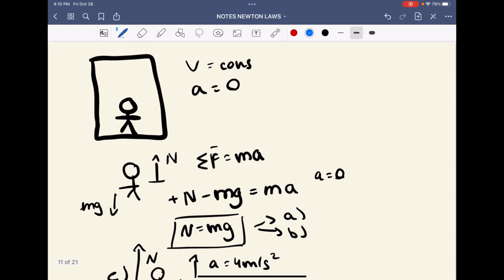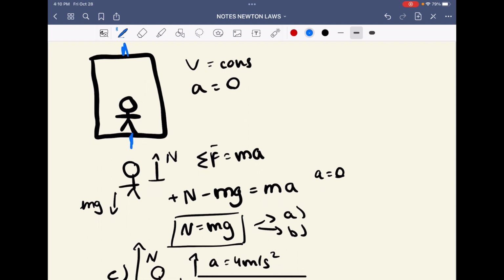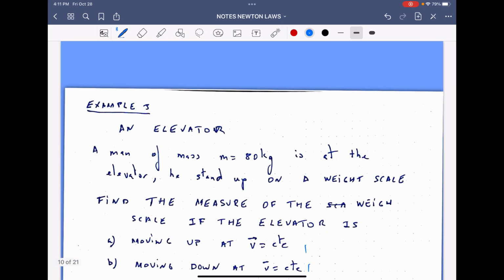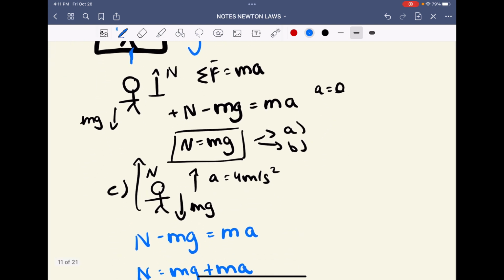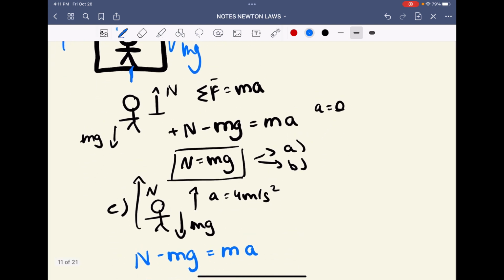So we imagine there's an elevator right here with the two forces, right? We have the force N, we have the force mg, which is the weight, and then we have the acceleration. Acceleration is 0, right, when v is constant. So for A and B, there's the guy here, and mg pulling him down, and the force N to bring him up, and force equals ma, which is the equation.